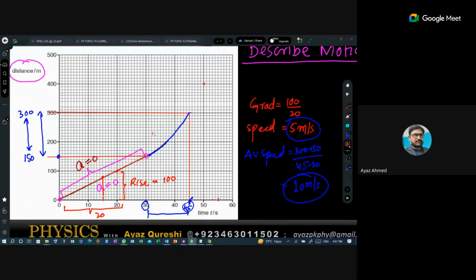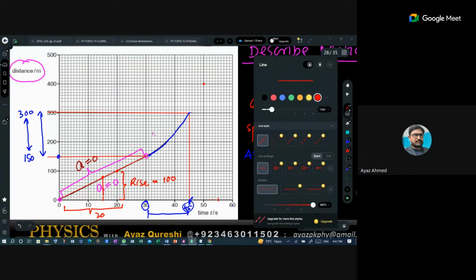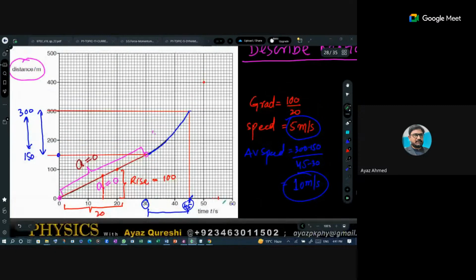When I draw a line from here, let me change the color because a lot of red colors would be there. This is the point of 55 seconds. Draw it till this point. Till this point your car would be stopped. What does deceleration mean? You would have this type of graph till this point. Are you getting it?